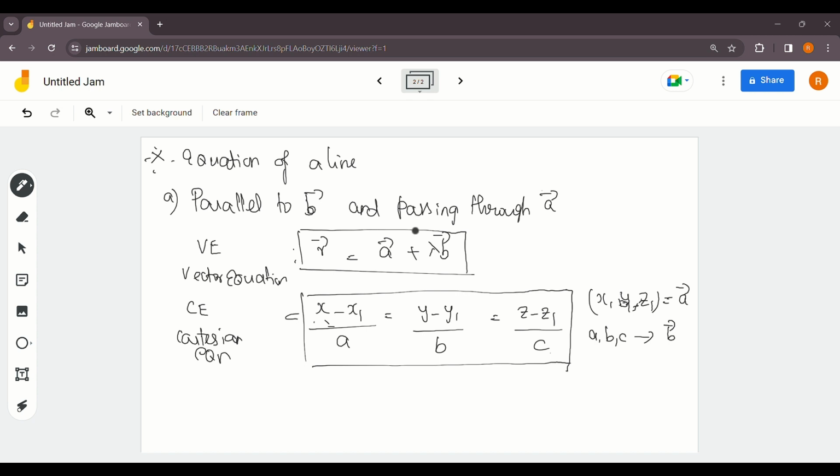So parallel to some vectors. So that is what they have given. So this is a formula.